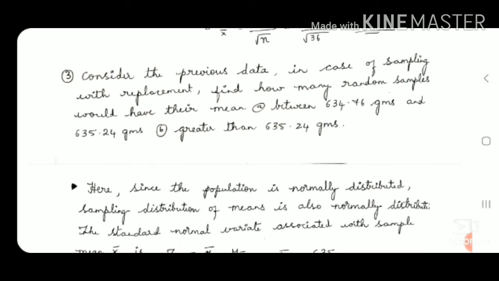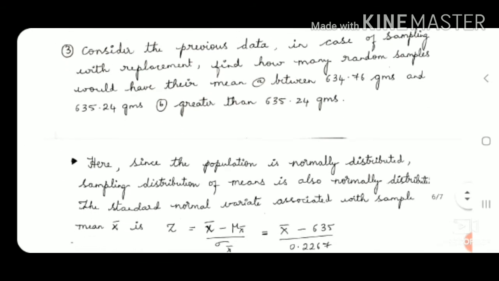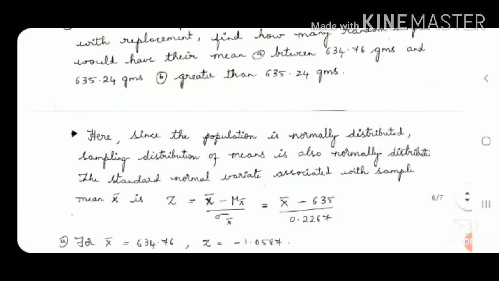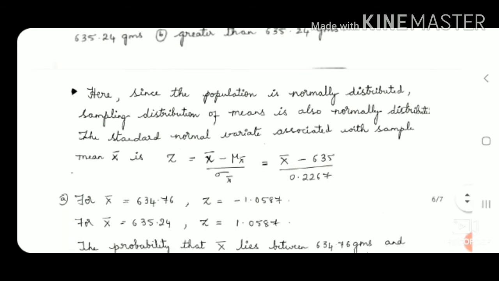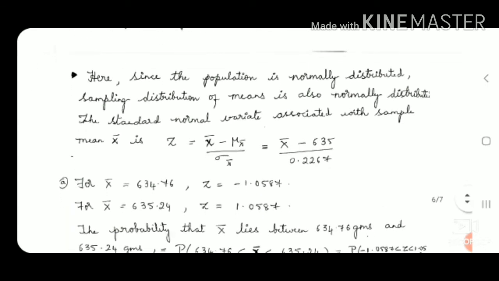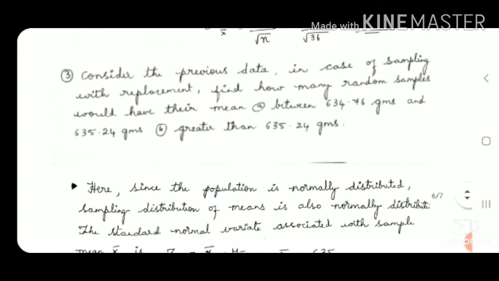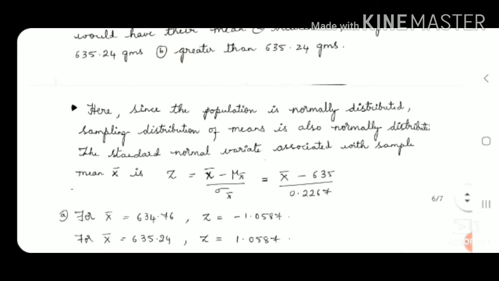Therefore, the standard normal variate associated with the sample mean x bar is z equals x bar minus mu x bar by sigma x bar. Substituting this data, we have z as x bar minus 635 by 0.2267, because the data is with replacement.